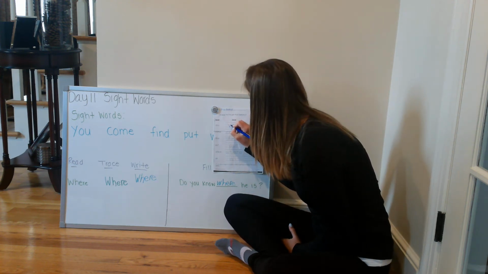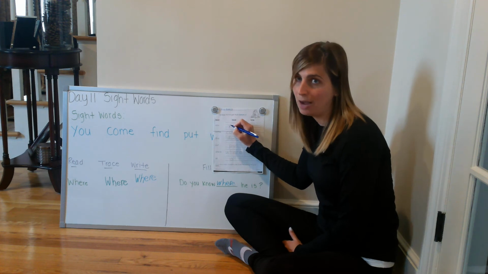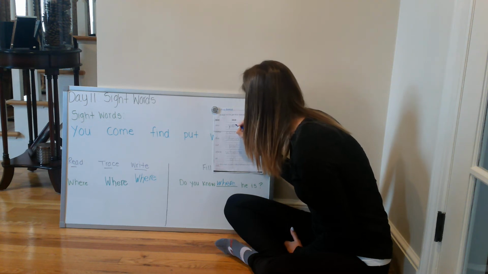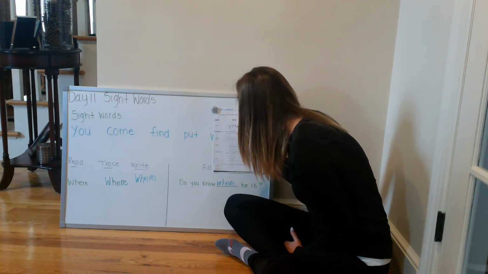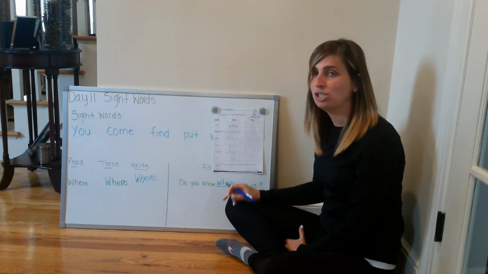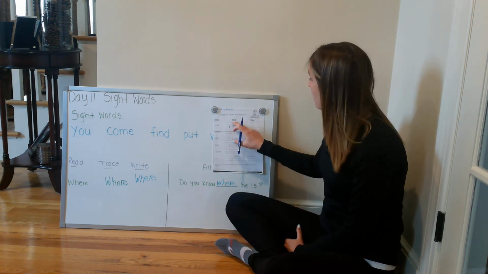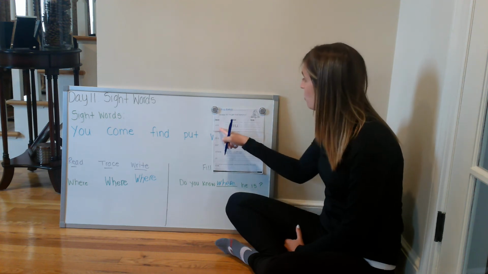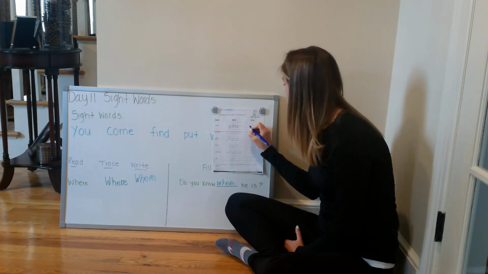Now we're going to trace the sight word. As I trace the sight word, I'm also going to spell it out, and you can do the same. So you, Y-O-U. And I said each letter as I traced out the word. And then the last step is we're going to write the word on our own. So remember, we're writing the word you on the line here.